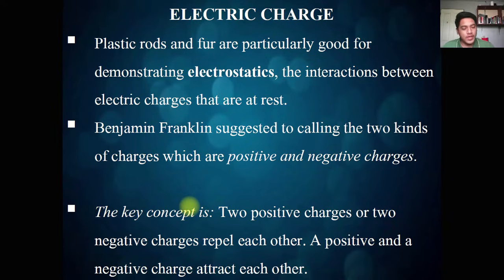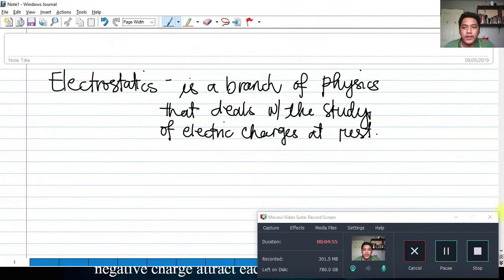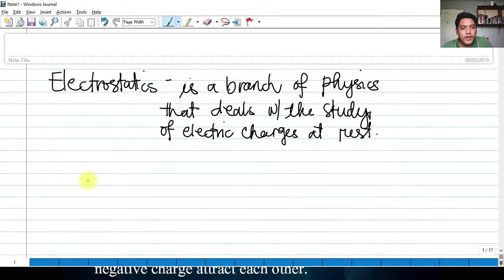So the key concept is that two positive charges or two negative charges repel each other. In other words, if we have the same charge, they tend to repel each other. Let's say we have a positive charge and another positive charge.